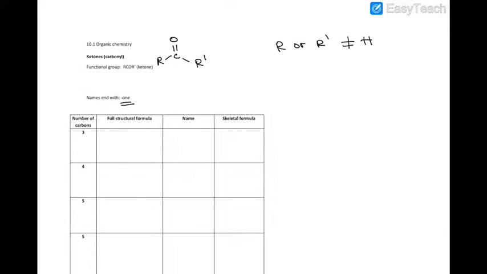This is called a ketone. It ends with -one. Definitely you cannot have a ketone with just one carbon, nor with two carbons, because this will have to be a carbon, and this will have to be a carbon, and this will have to be a carbon. So the first member is actually propanone.